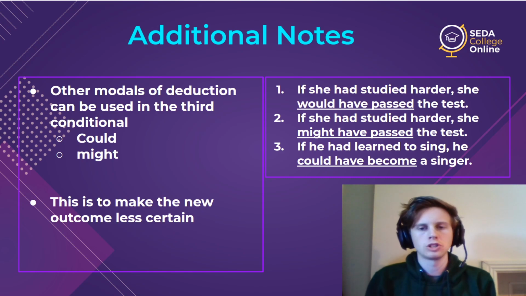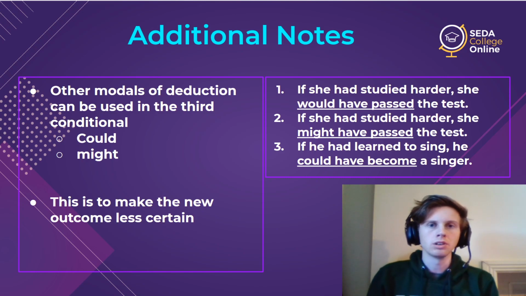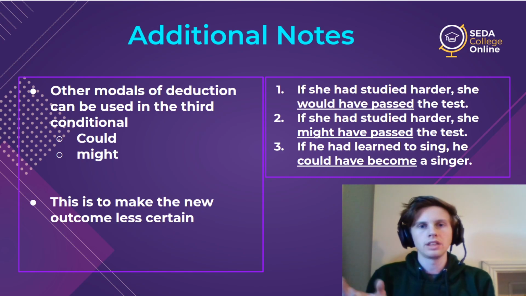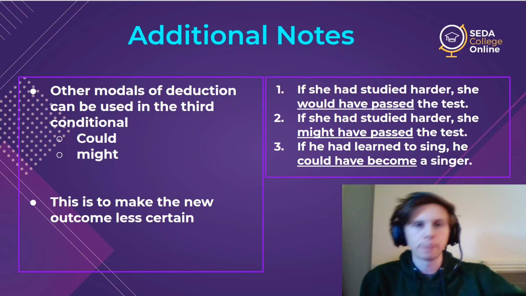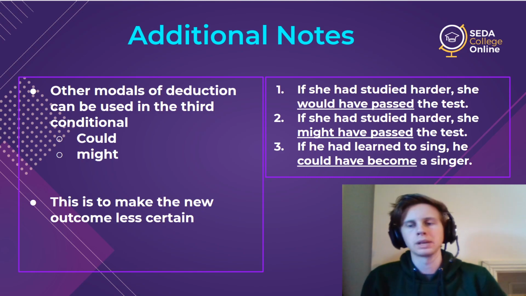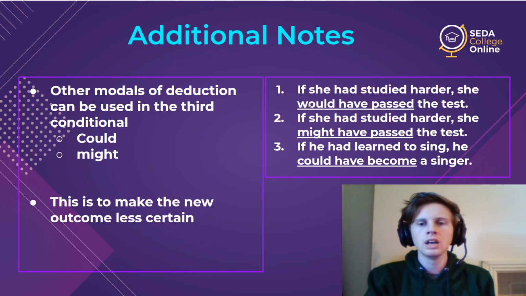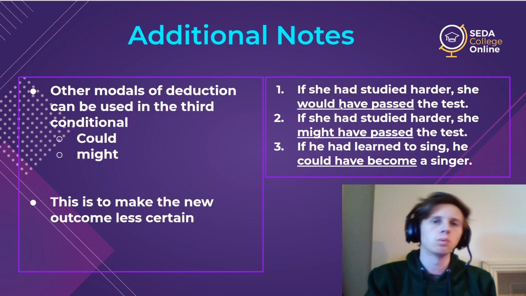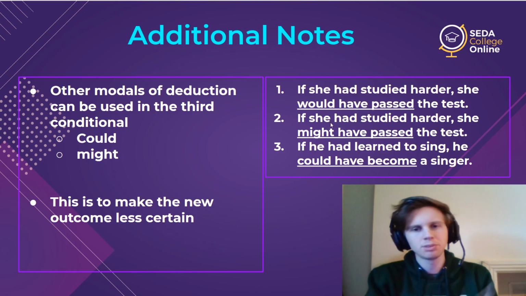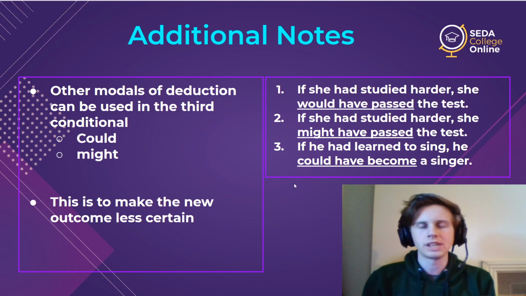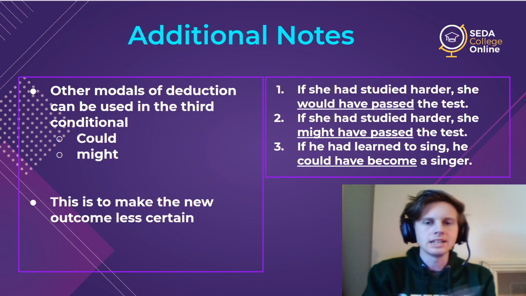And this is more just to show ability. If he had learned this, he would have had the ability to do this, so he could have become a singer. Would and might are really for 100%, maybe 50%, and then you can also say could if you want to talk about that option of ability.